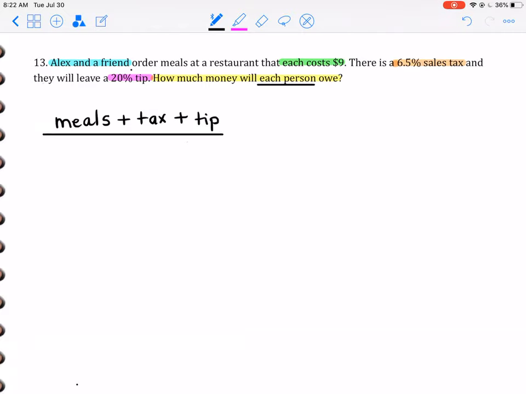And we're going to divide that between Alex and a friend. So this is just the story in my own words. But this is going to help me set up this problem.